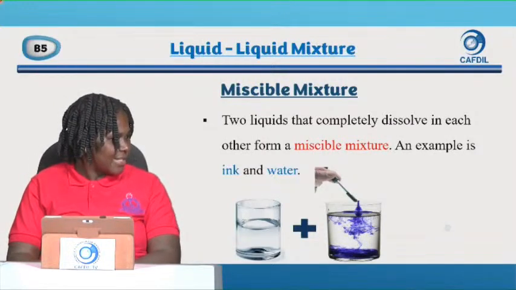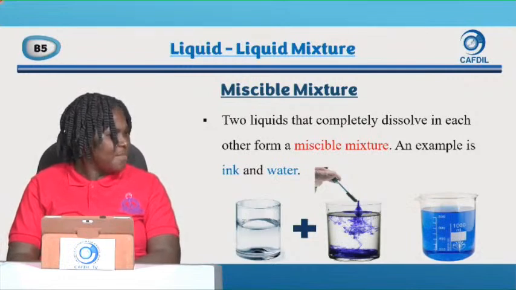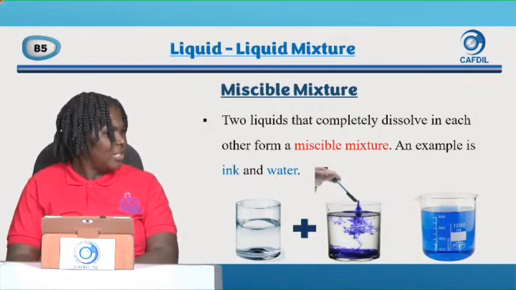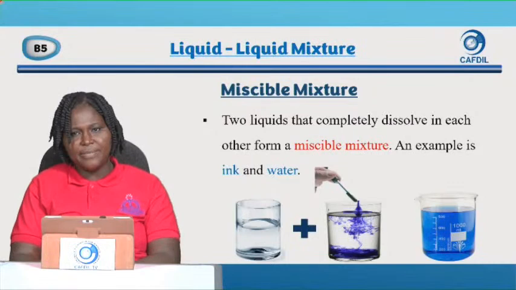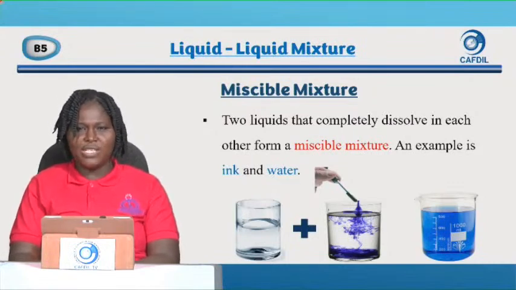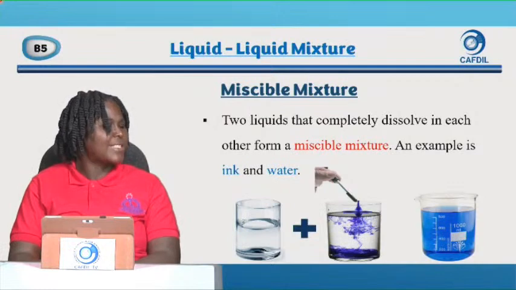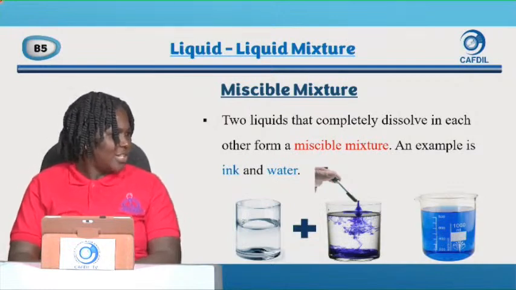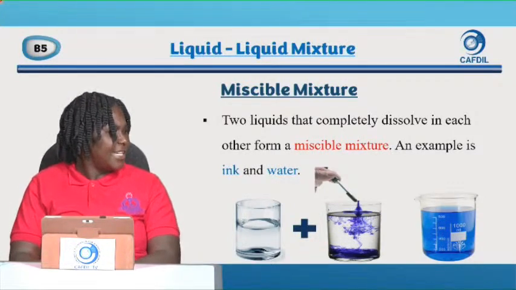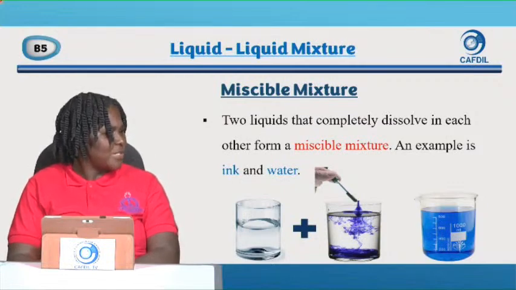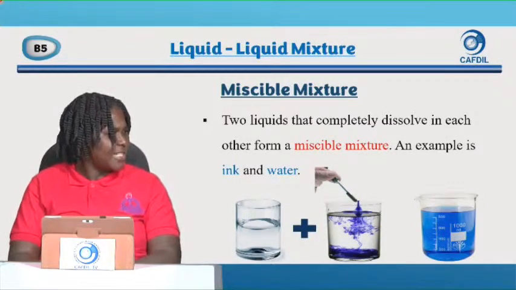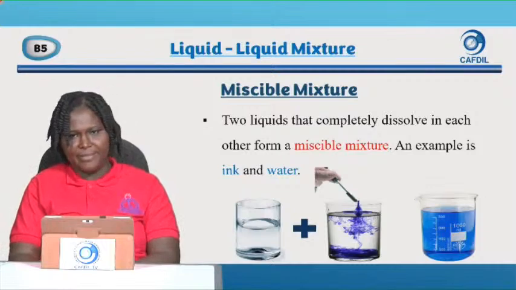Now they mix completely. You don't see the water separately and the ink separately. They mix completely and form one mixture, one substance. You can't see the water and the ink. When you stir, you see that they have mixed completely.